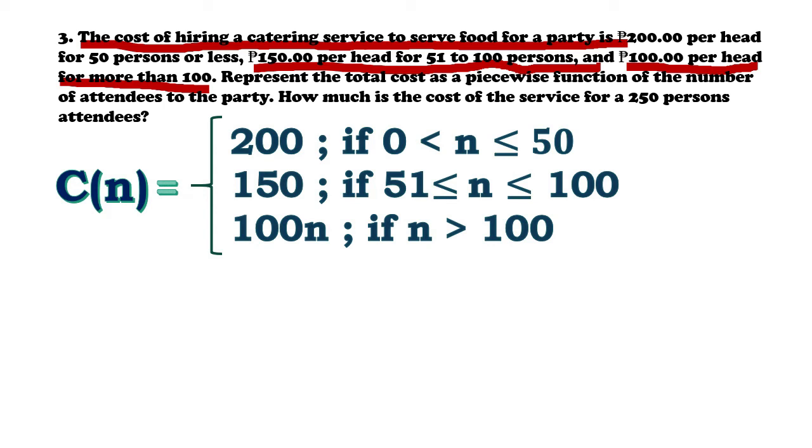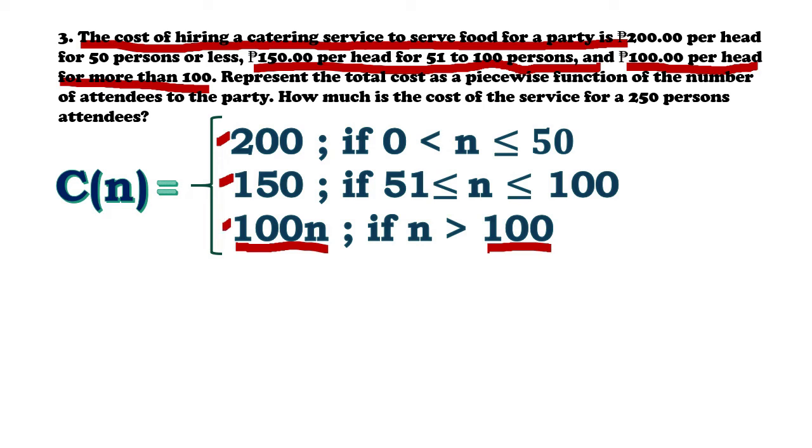So the amount to be paid to the caterer if the number of attendees is greater than 100 is 100 times the number of attendees. So in this case, there are 3 pieces of function.